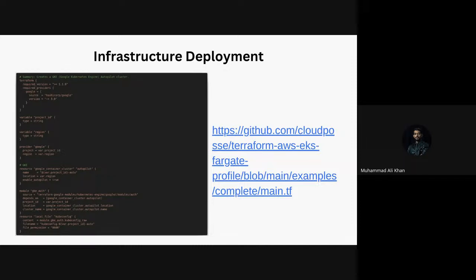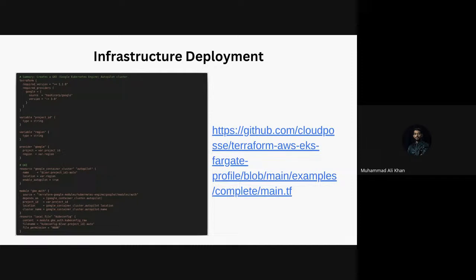The main difference here is that previously, when we were using eksctl to deploy our EKS Fargate cluster, a lot of the backend things like creating subnets, VPCs, EKS clusters, and the Fargate profiles were abstracted, and eksctl was creating them automatically.